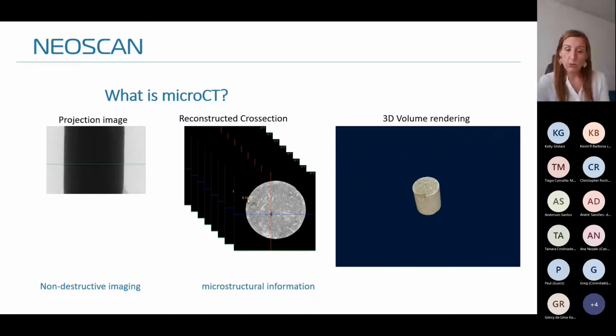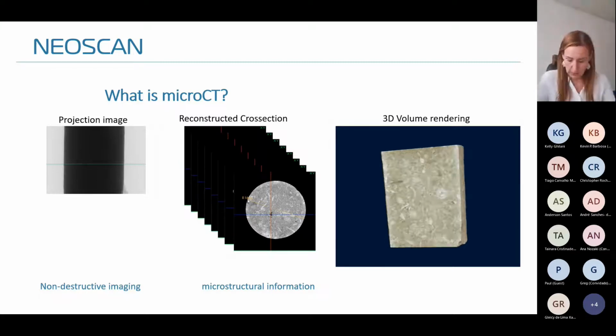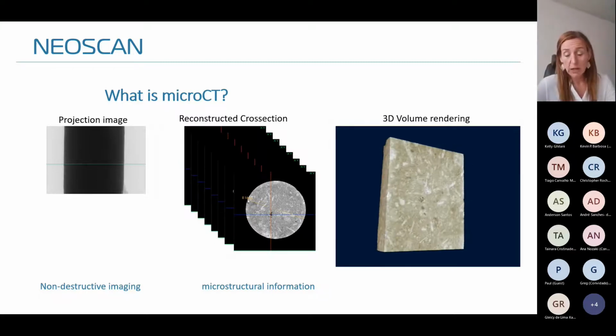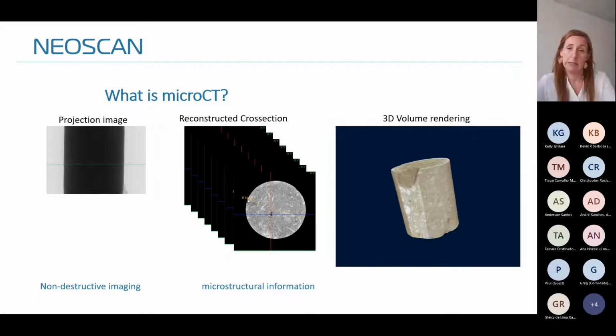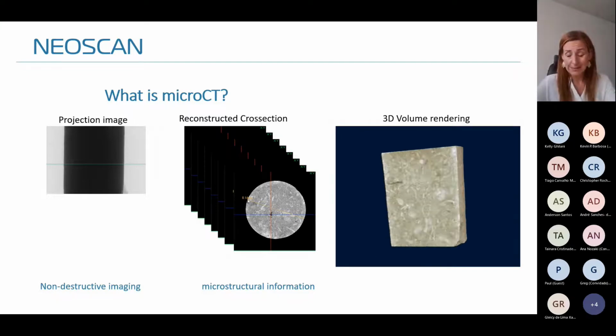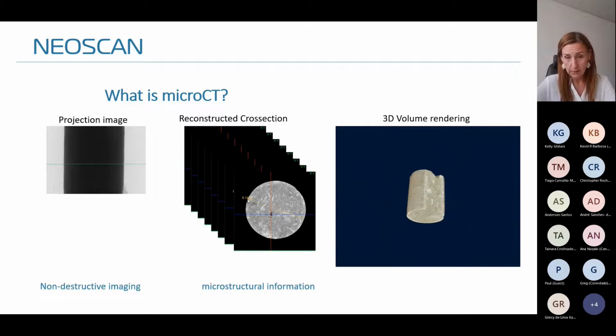We also introduced the word microstructural. Yeah, so micro is a very important word here because we're looking at information on a micrometer scale. Even when in literature or in the market, you would be looking at NanoCT, remember that in X-ray microscopy, the word nano applies to everything that is below 1 micron.